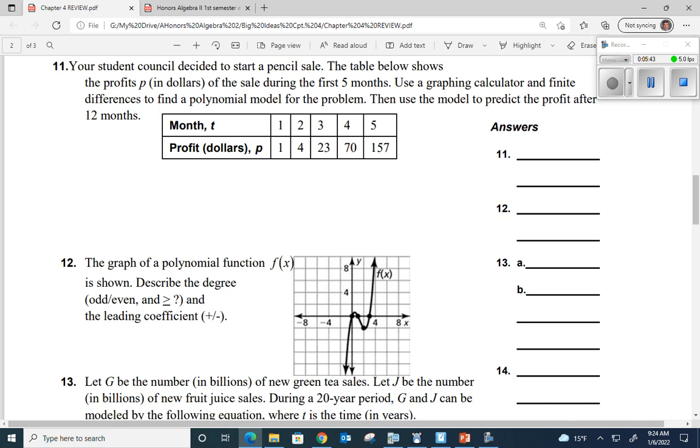Okay? Understand these are two separate things. Graphing calculator, finite differences. These are two separate tools that I'm going to use to come up with this function. Okay? This polynomial. The first is finite differences.